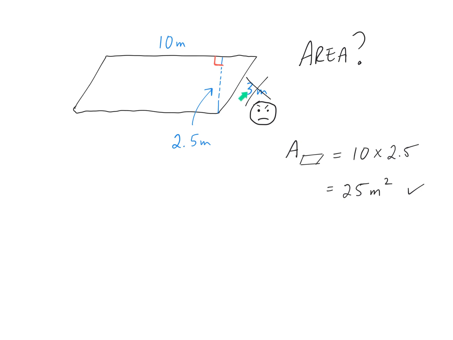The reason we don't include this 3 is because this measurement does not intersect with the horizontal measurement here at 90 degrees. And you'll always be given this spot. This 2.5 here, you're always going to be given it because it's going to meet the horizontal measurement at 90 degrees. So the vertical is 2.5 times 10, 10 times 2.5, the order doesn't matter, 25 meters squared.